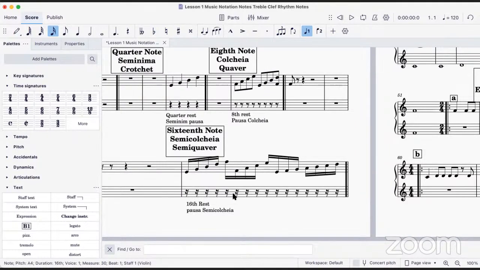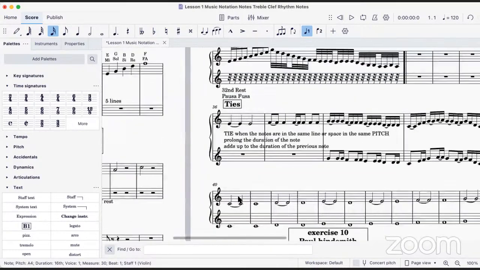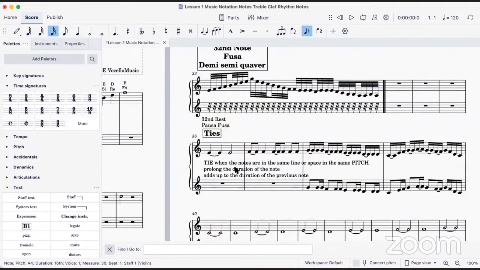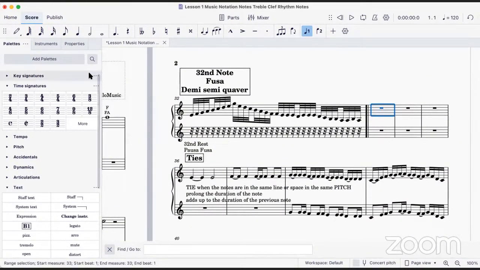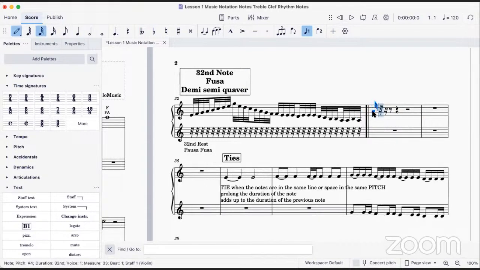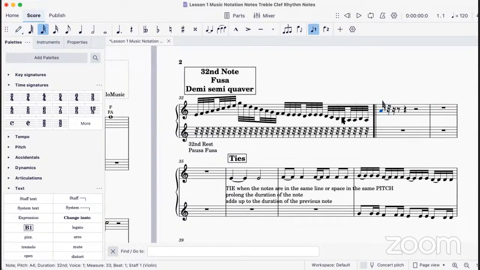That is the 16th rest and 16th note. 32nd note, let me write one, just one here. Thirty-second note is a colored head with a stem and 3 flags or 3 crochets.